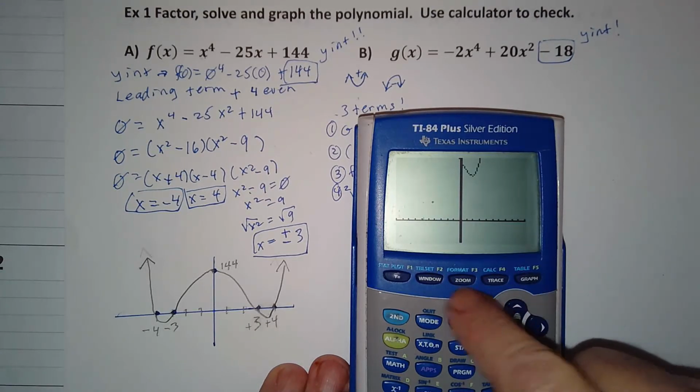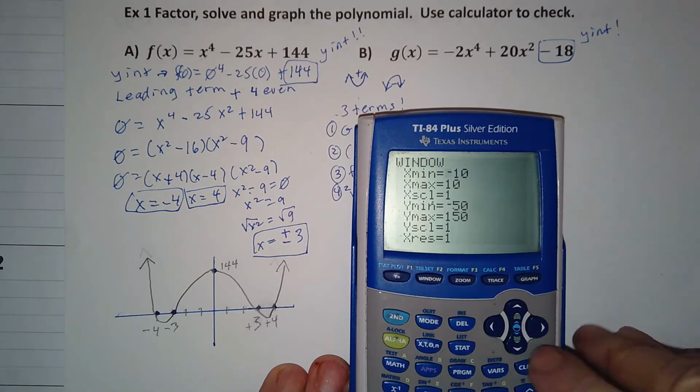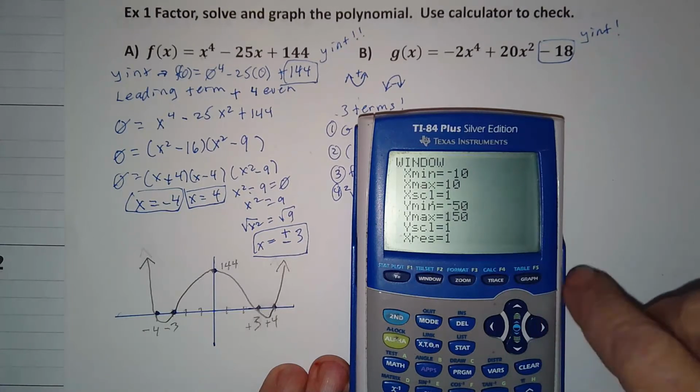So let's go over to this window. And let's see, my x minimum and max is at 10 and -10. That's okay. I'm going to change the x max over here to 150. Oh, it is at 150. What happened here?